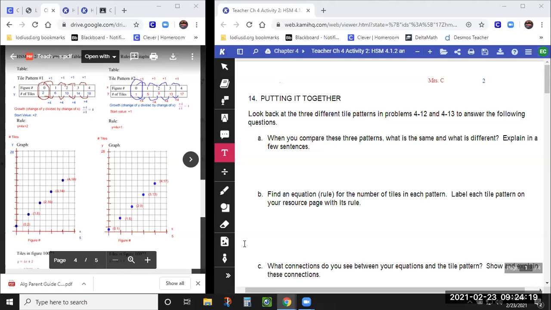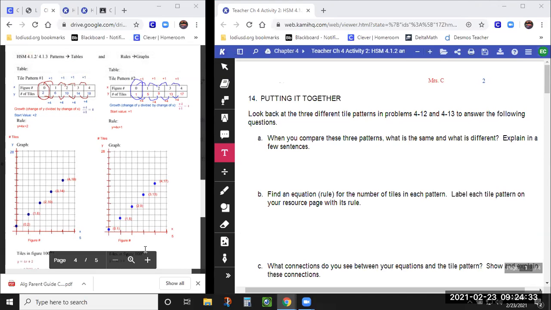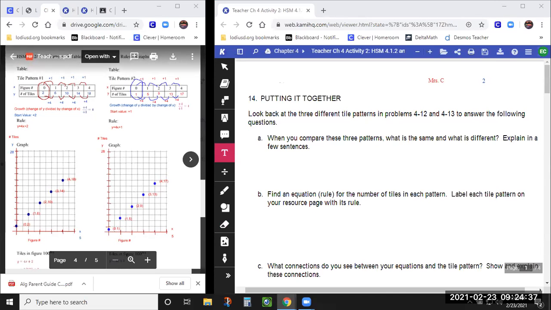You have them open. They're side by side right here with me too. What did we notice about pattern 1 and pattern 2? They had the same growth rate.